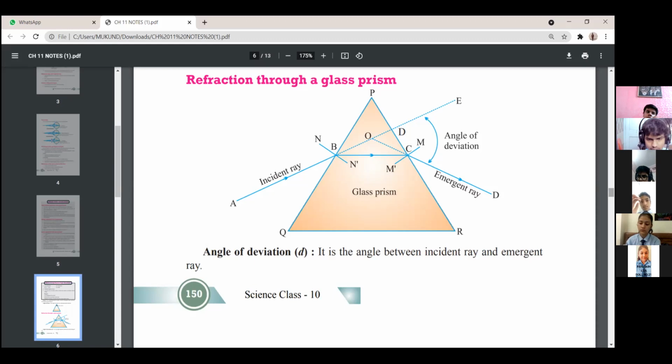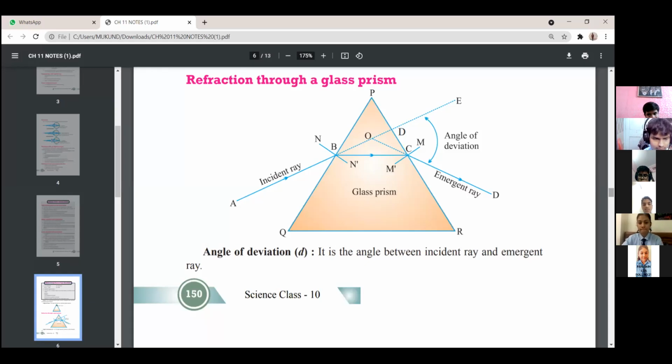Now what is next? When we extend the incident ray and the emergent ray, both of these rays intersect at one point, that is O. The angle between the incident ray and emergent ray is known as the angle of deviation.